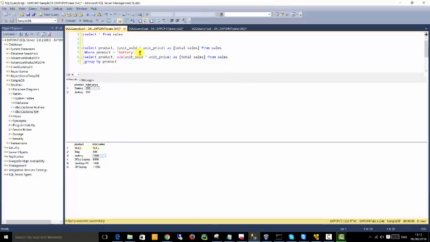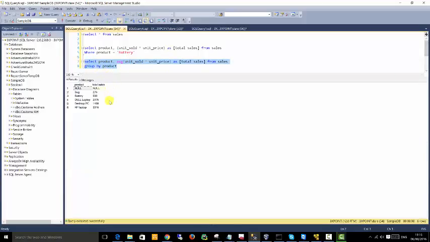So what group by is basically doing is this: you want to sum total sales, right? Based on what? That's the question. So you have to be able to sum them by something. It doesn't have to be sum, it could be average. Let's assume that what we're interested in is average.